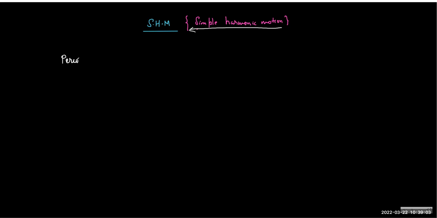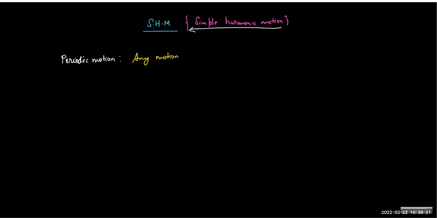So there is something called periodic motion. So what is periodic motion? Any motion which repeats itself after a fixed time interval, right?